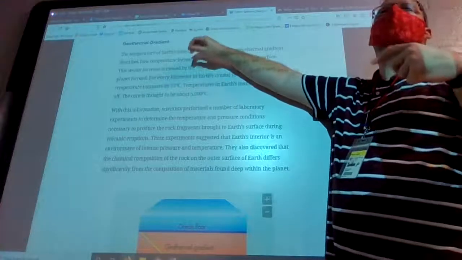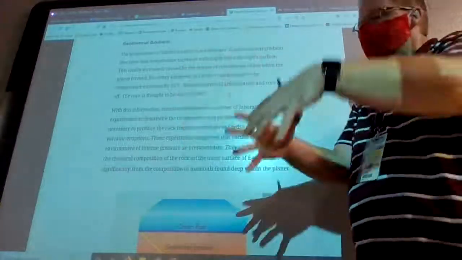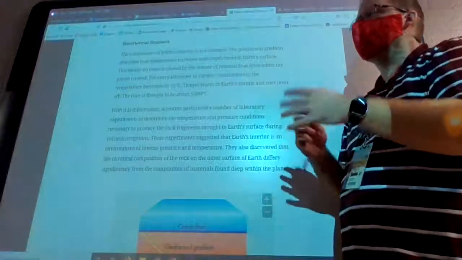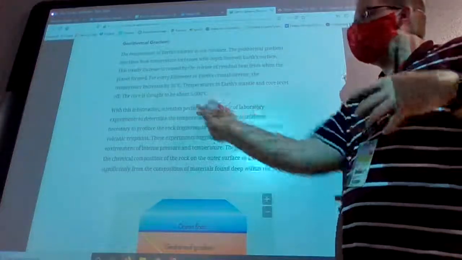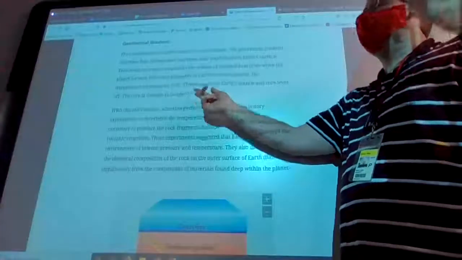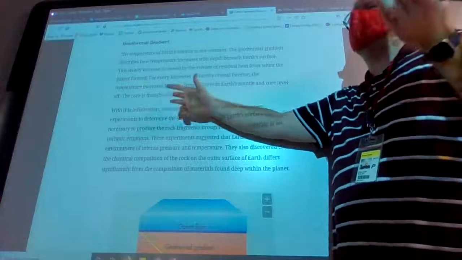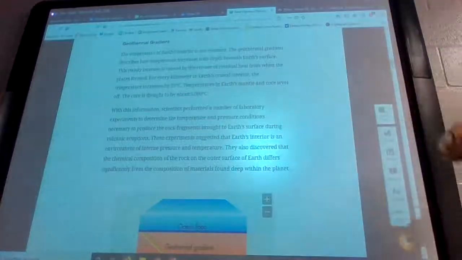So they're going to talk about temperature and geothermal gradient. Obviously, the stuff at the surface is going to be much, much cooler than the stuff further down inside the earth. As you get towards the core, your temperature gets up to like 5,000 degrees Celsius. Here at the surface, a nice 70-degree day is like 25 degrees Celsius. I don't know.